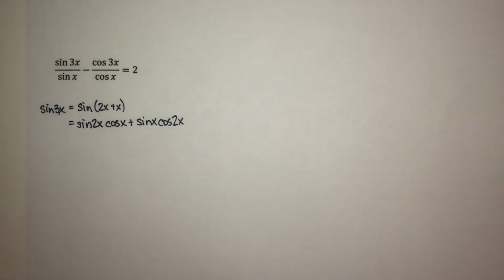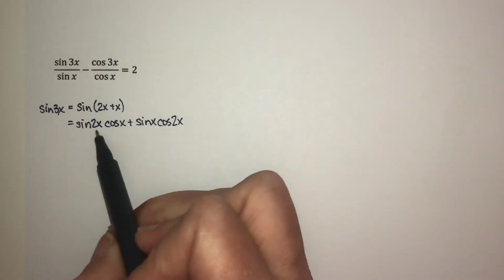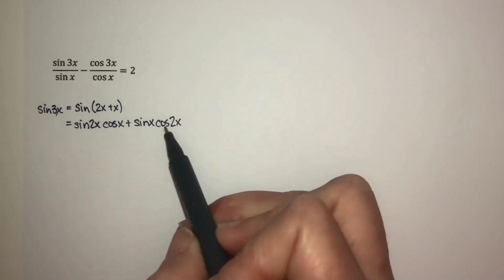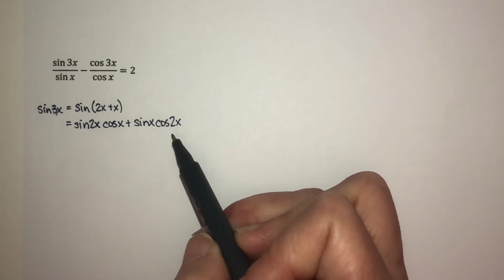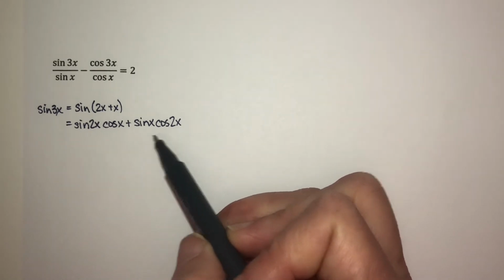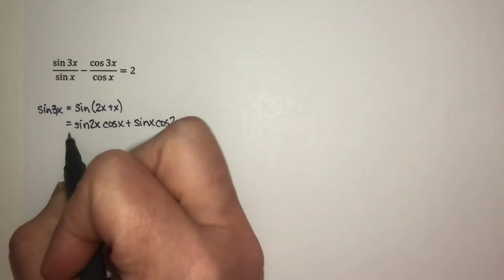That's just using the sum formula from the previous section. Now I have a double angle here and a double angle here. So I'm going to rewrite this.